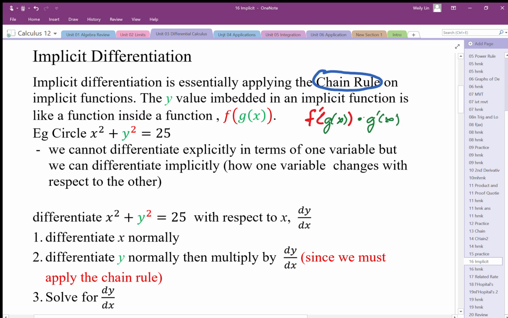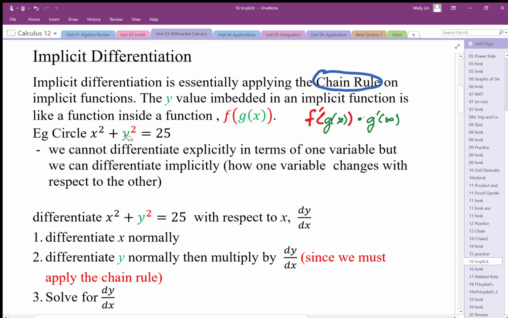Okay, so when we take a look at this expression, it doesn't have to be f of x equals something. This expression could be embedded inside any expression. So an example here we have x squared plus y squared equals 25. This is actually an embedded function. So notice that the outside function is squared and the inside function is y.